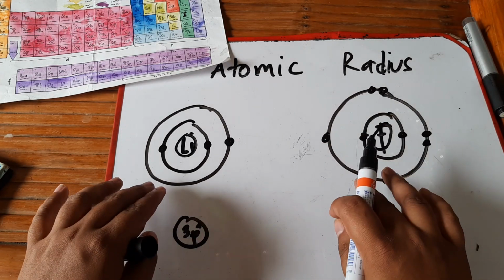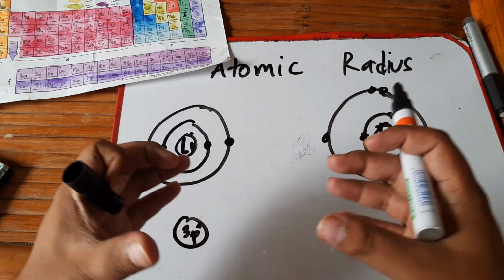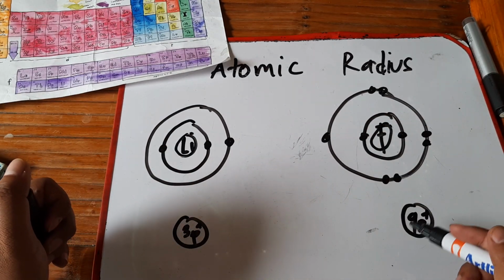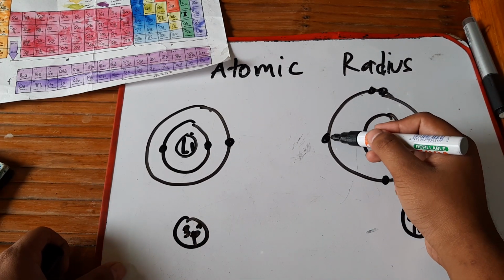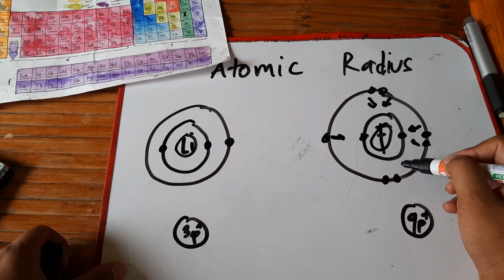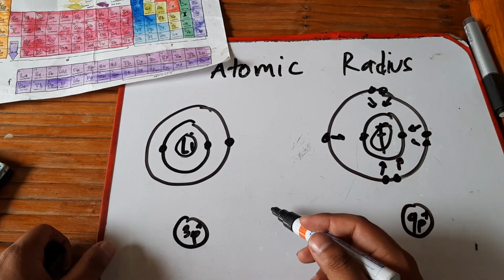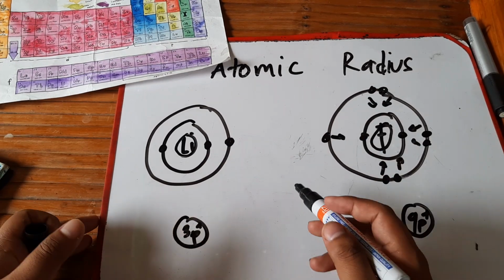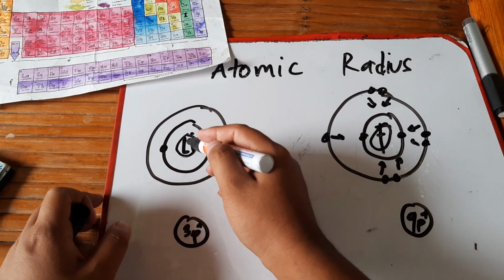Therefore, though they are seemingly equal in size, fluorine will shrink because it will be pulled inside by the protons. Can you imagine? They will be pulled toward the center. So fluorine would be very slightly smaller as compared to the lithium. Lithium is slightly bigger because what pulls inward is lighter.